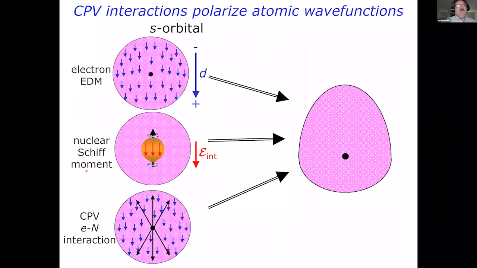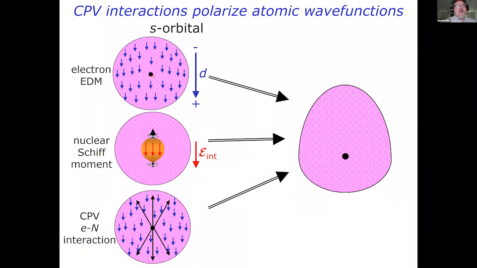If you start with an atom in an s orbital and then consider the effect of an electron electric dipole moment, because of this charge distribution, the part of the wave function above the nucleus will be repelled from the nucleus, pushed away, because the positive charge of the dipole is closest to the nucleus. The part of the wave function below the nucleus will be attracted to the nucleus because the negative charge of the dipole is closest to the nucleus. That will lead to a deformed electron wave function that looks vaguely like this.